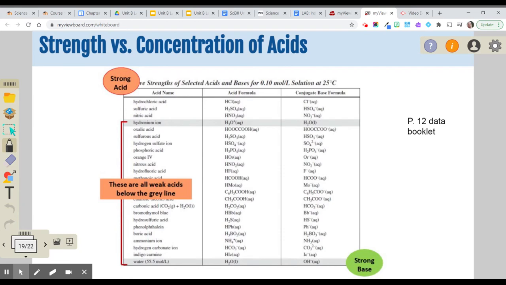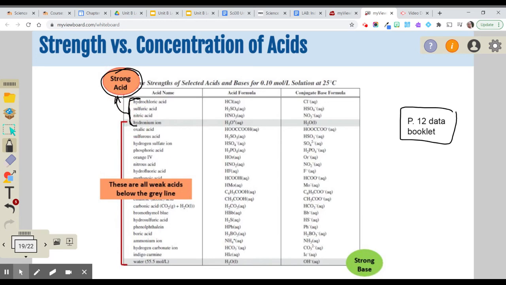So in your data booklet, this is a chart that you're going to use quite a bit, on page 12 of your data booklet. This is going to help you figure out the relative strengths of acids and bases, and to identify conjugate acid-base pairs. So all our strong acids are up at the top left of the chart. Hydronium, and these three acids above are all considered strong.